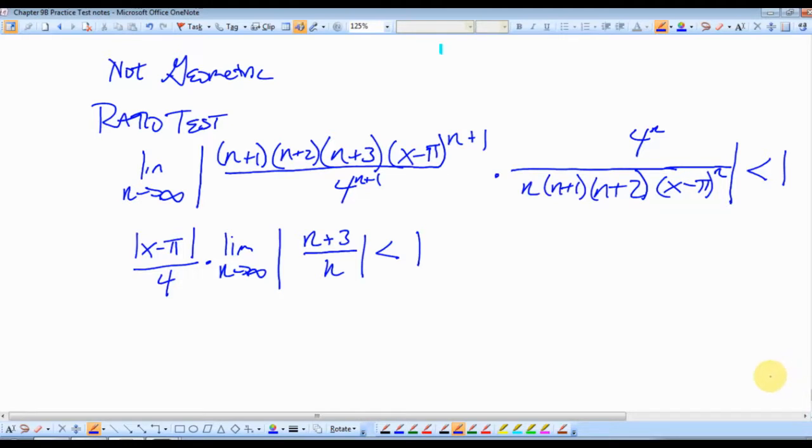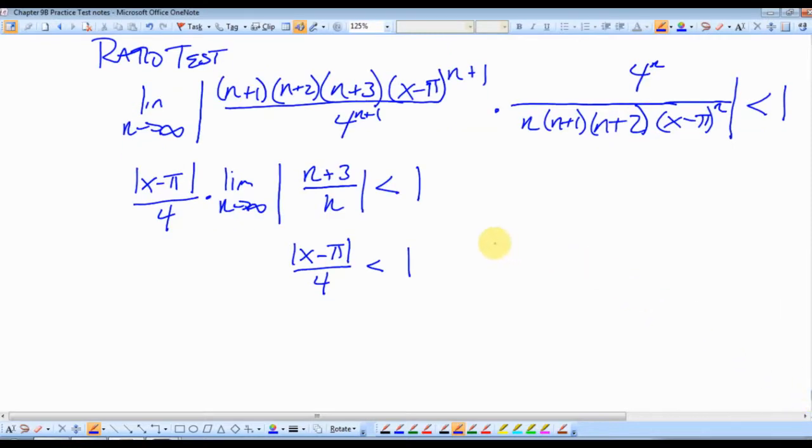So, okay, let's take a limit here. N plus 3 over n. This limit is 1. So what we get is x minus pi, absolute value, over 4, is less than 1. Or, to rearrange that, the absolute value of x minus pi should be less than 4.